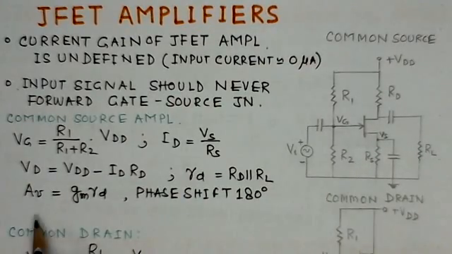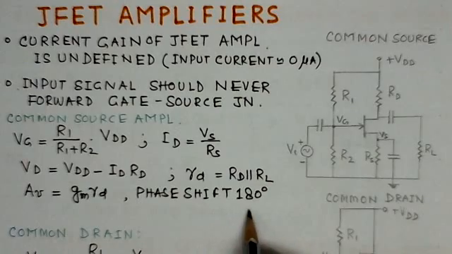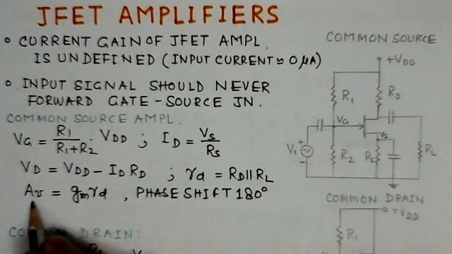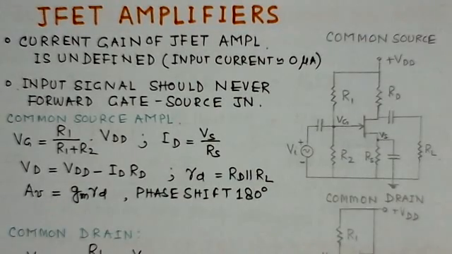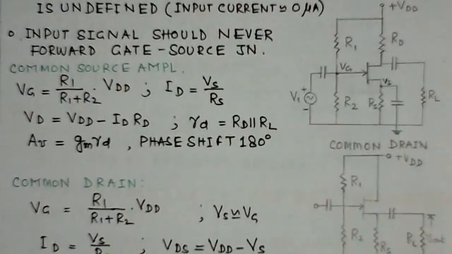The voltage gain is given by GM RD, and the phase shift is 180 degrees, so you could write AV as minus GM RD for this particular case.